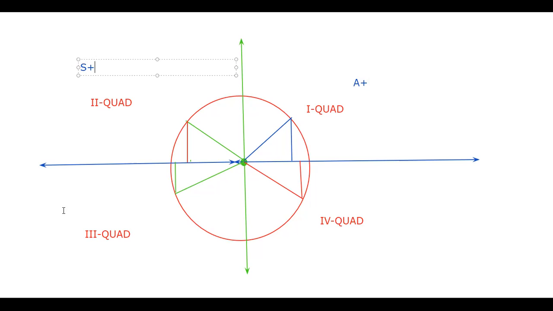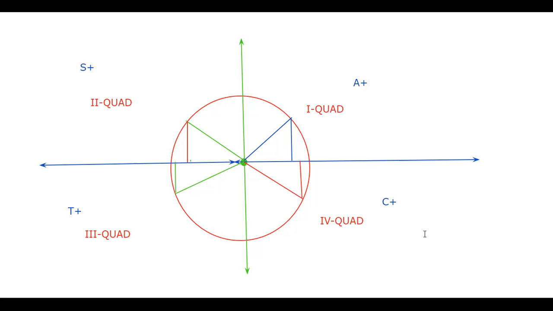Then sine is only positive here, and then cosine is only positive here. Tangent is positive here. Cos positive. Yeah, that's right. Keeping this, now where will the angle be?